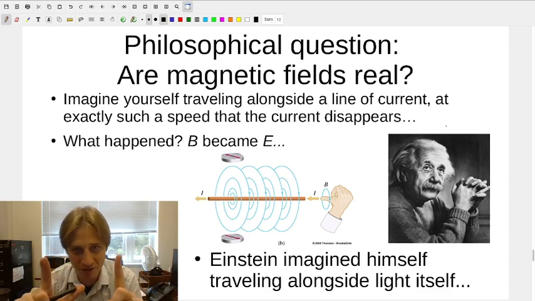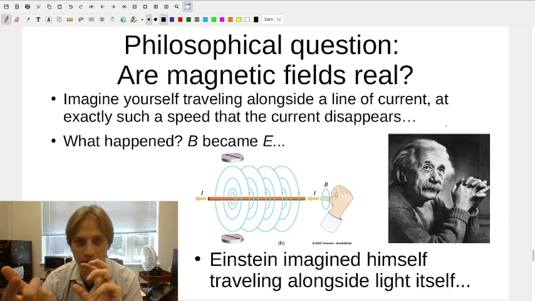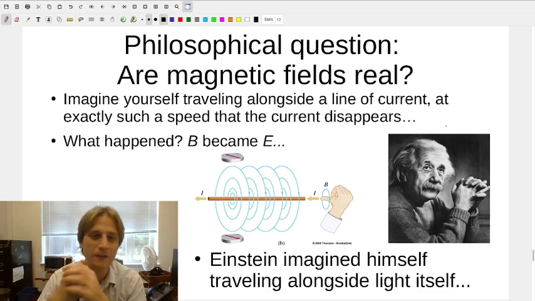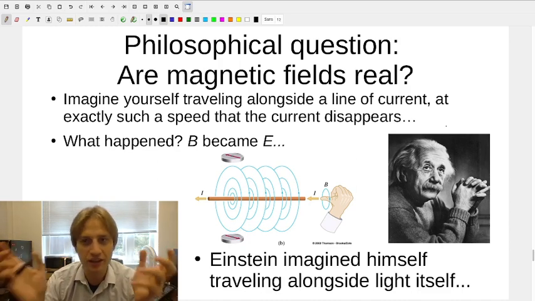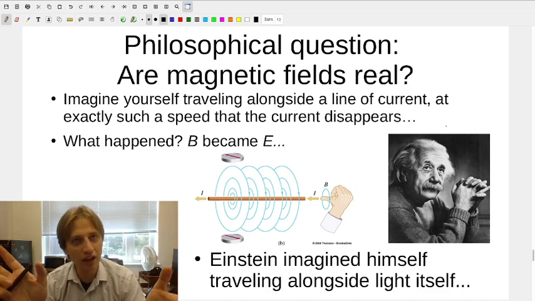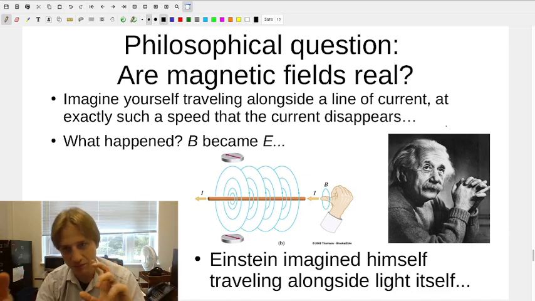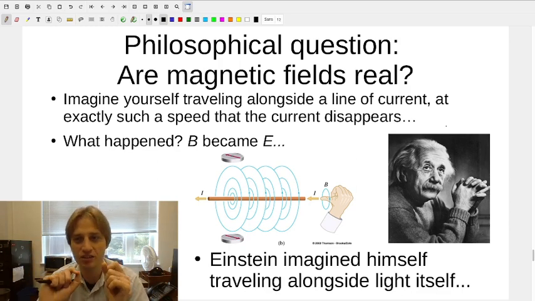That's true in SI units, but since you can convert B into E and E into B depending on how fast you're going, we should be a little suspicious about this. And Einstein famously imagined himself traveling along a wave of light using Maxwell's equations and realized that even time and space can be traded off within Maxwell's system, and that consideration of electrodynamics led Einstein to relativity.